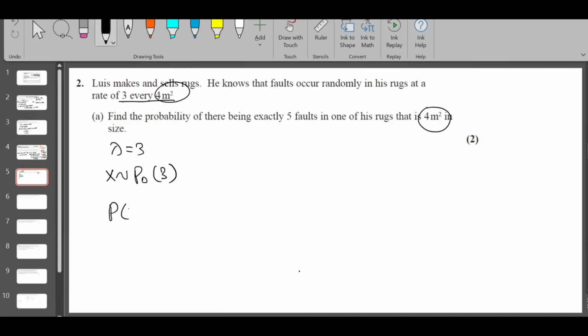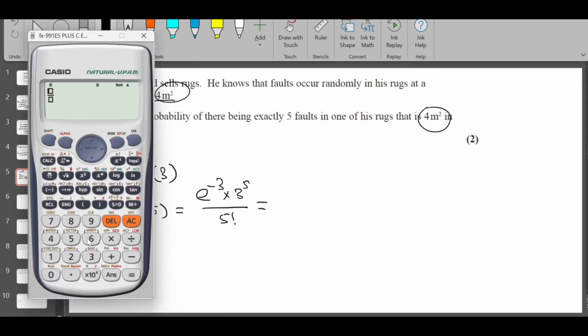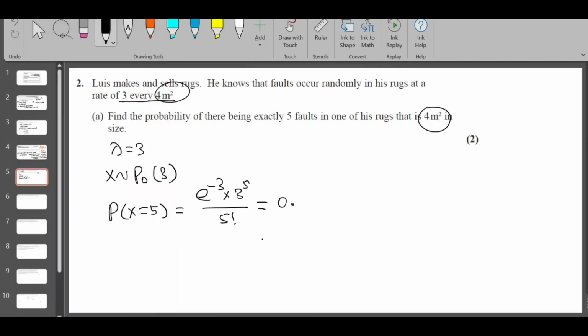They want us to find P of X equals 5, which is e to the power minus lambda times lambda to the power 5 over 5 factorial. So it's 0.1008, and I can round it to 3 significant figures.